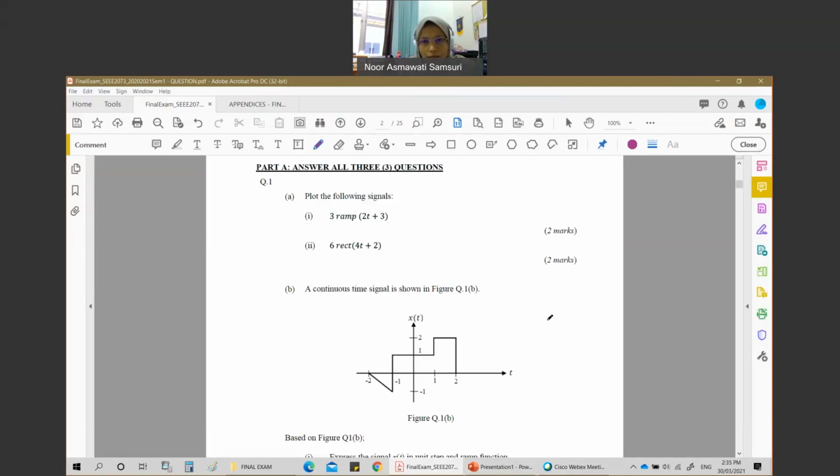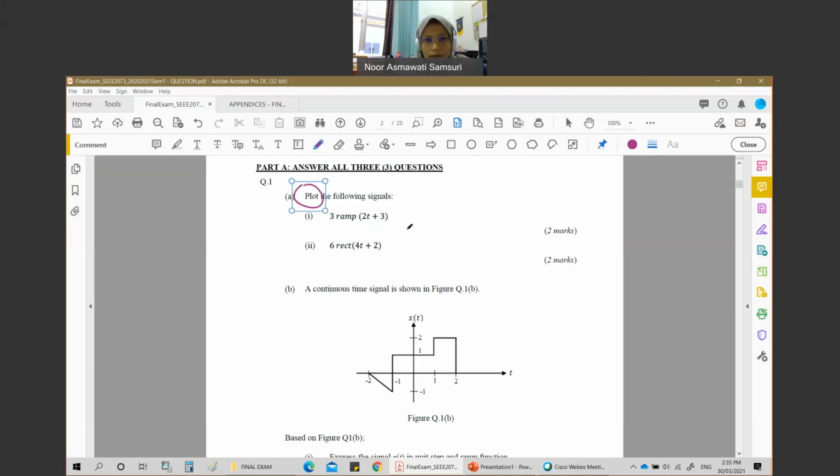But still in the exam, you repeat the same mistake: no steps, but then your final answer appeared. All right, so let's look at the first one. Plot. When it is plot, you need to sketch the signal, and don't forget to put all the details in, for example the axis and the values in your drawing or sketching.